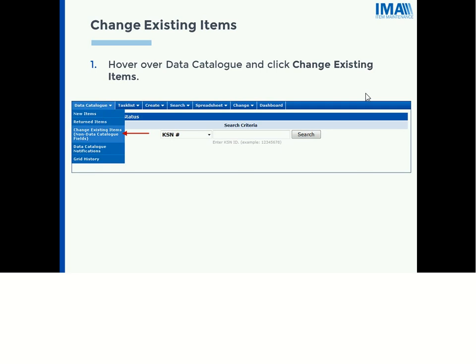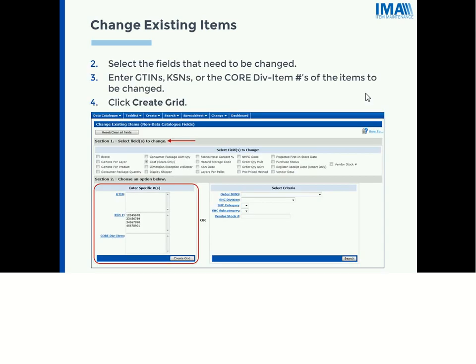So starting off, you would hover over Data Catalog and click Change Existing Items. And then you would select the fields that need to be changed up here in Section 1, where I have the arrow. And then in Section 2, you would enter your G10s, KSNs, or the core div item numbers of the items that need to be changed.